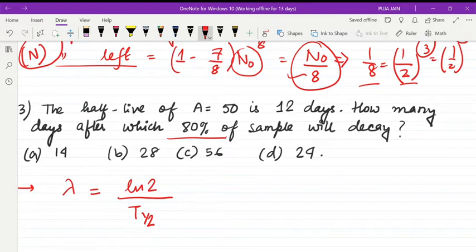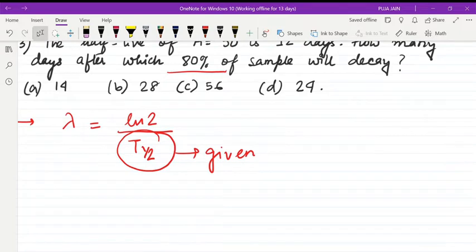Half-life of element A is given as 12 days. So 80% of the sample is decaying.